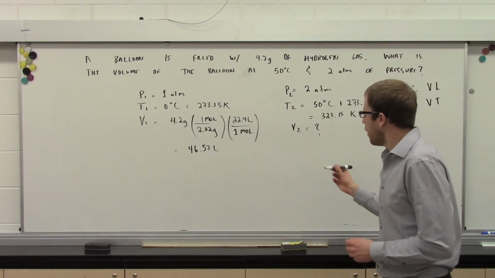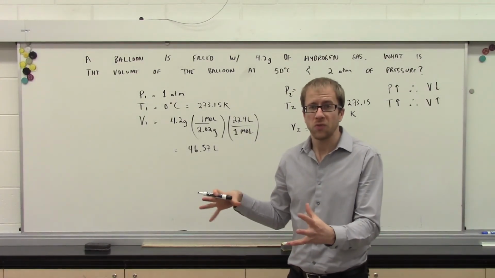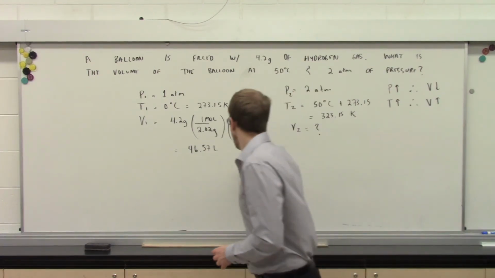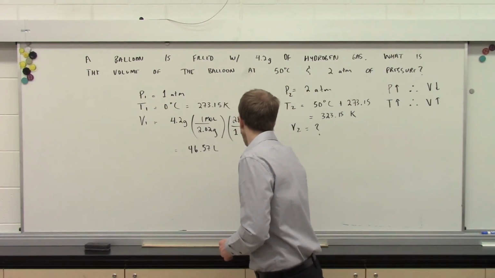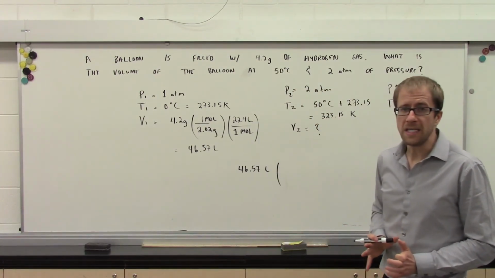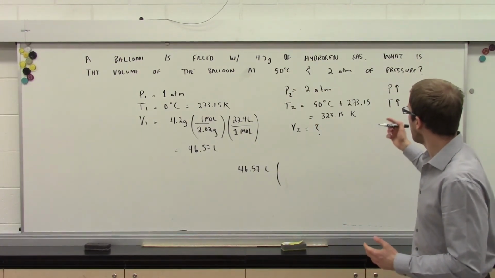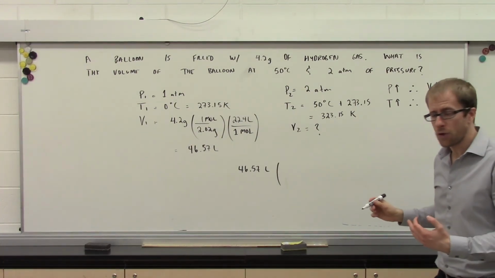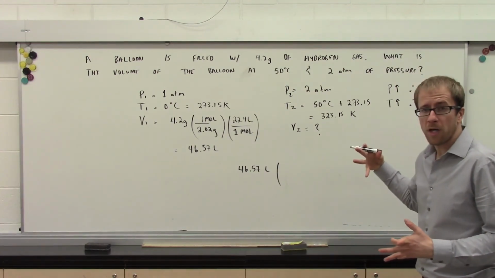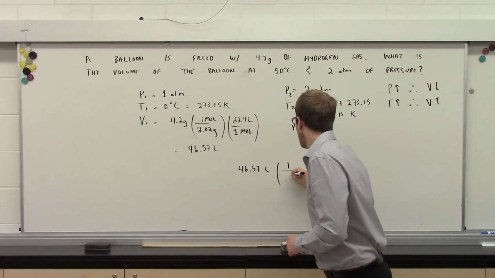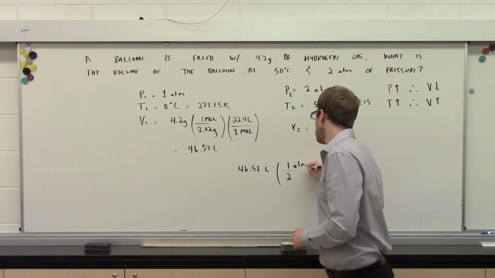So now we need to multiply by our ratios in order to get our final volume. So 46.57 liters. What was the change in our pressure? Well, it increased, therefore we get a decrease in our volume. So what ratio am I going to multiply by? I'm going to multiply by 1/2.